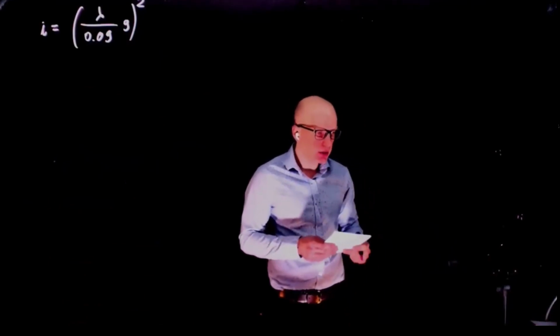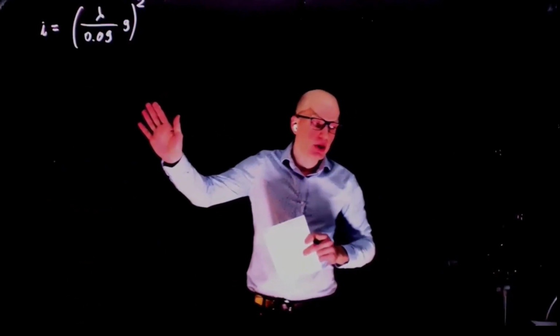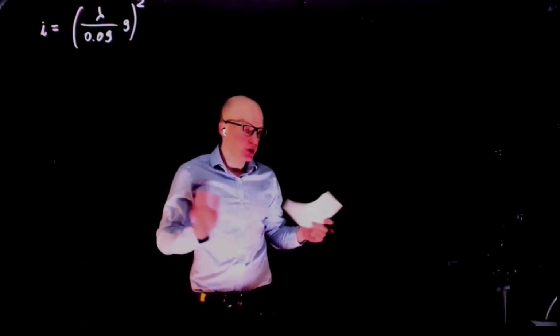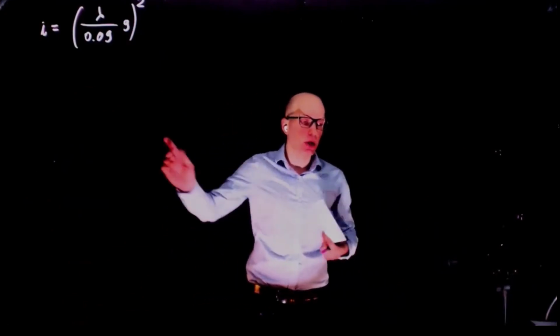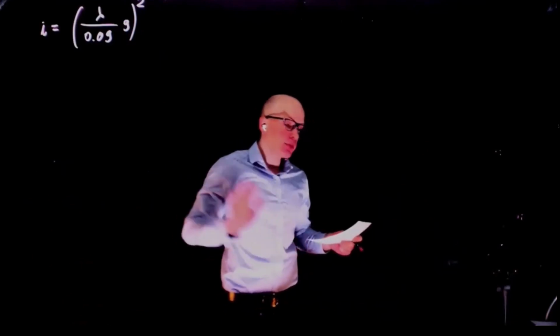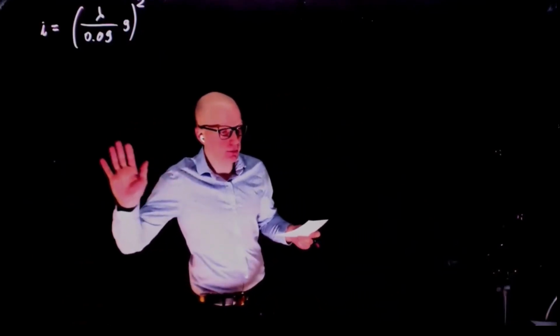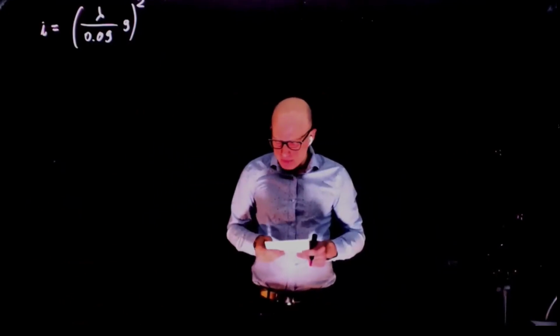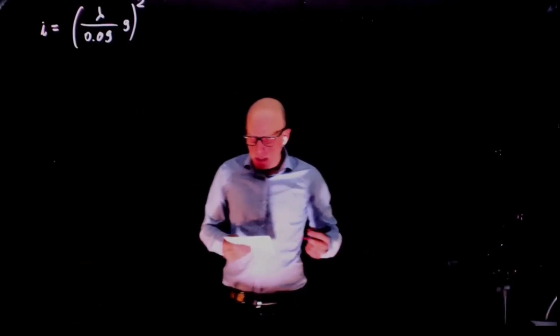You notice that this is only valid for a certain range of current and air gap, which means that after a certain value, the system becomes saturated and this relation doesn't hold anymore. We are at 3 amps, so we are within the range specified for the validity of this equation, so we can proceed. So let's now do that using the energy.